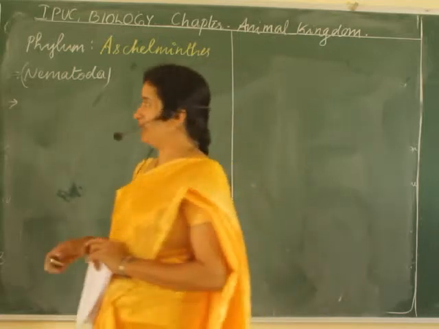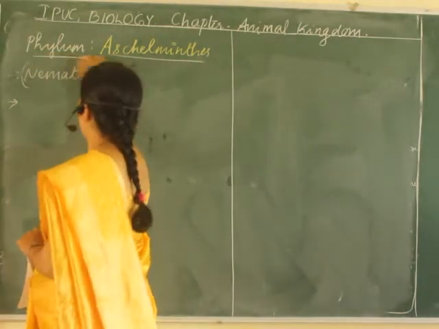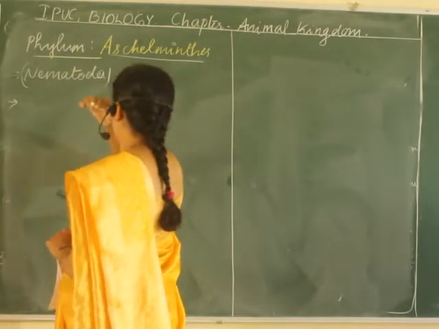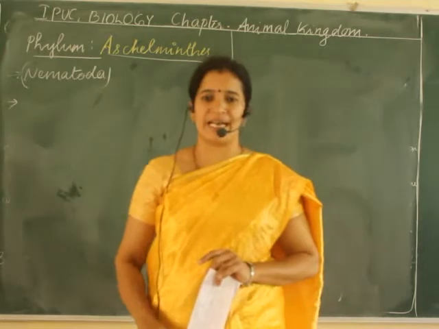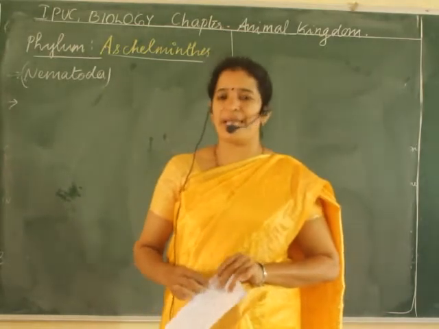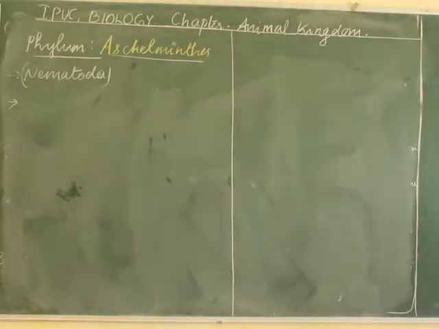Maybe it sounds a little hard to remember, but it is easy and you can remember it once you understand their features. So phylum Aschelminthes, or phylum Nematoda, they are also called nematodes. Another name for this is nematode.